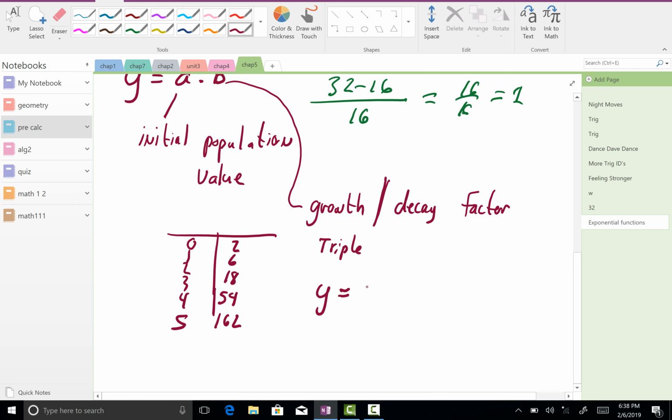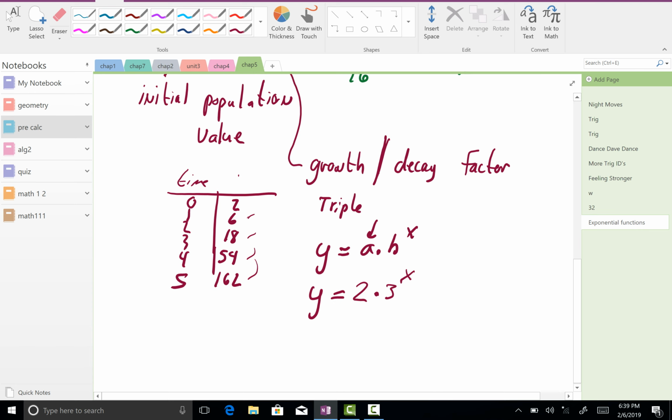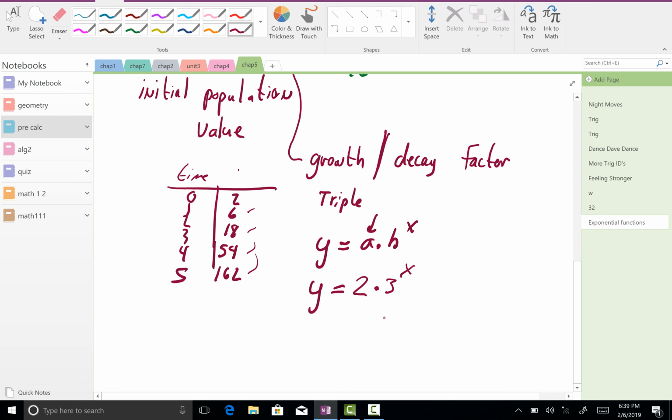We'd have y equals a times b to the x. a is going to be that initial value or initial amount. So what's our initial amount? Now this is the time, and this is whatever you want to call it, 2. Times, now we want to find that growth factor. So what is this growing by each time? Times 3, right? So 3 to the x. That's how you find an equation of it.